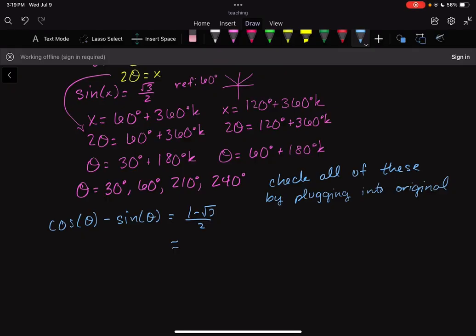Okay, it gives me negative 0.37. So that means that if I plug any of these in as theta, it should equal negative 0.37.